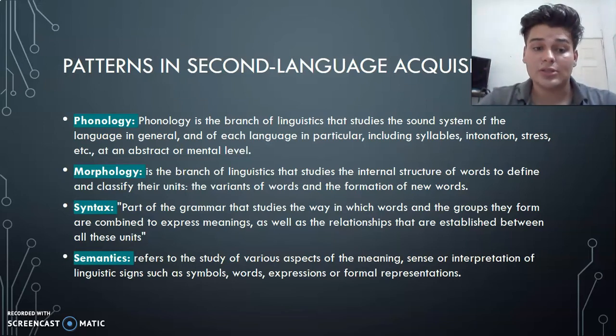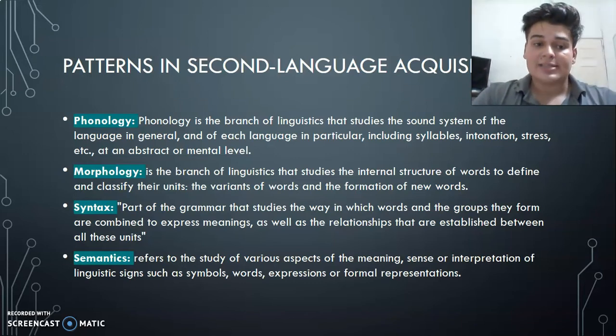In morphology, also a branch of linguistics, we study the internal structure of the word and define and classify its units. So this part is basically the study of how words are formed. So we can form another word by joining two words.